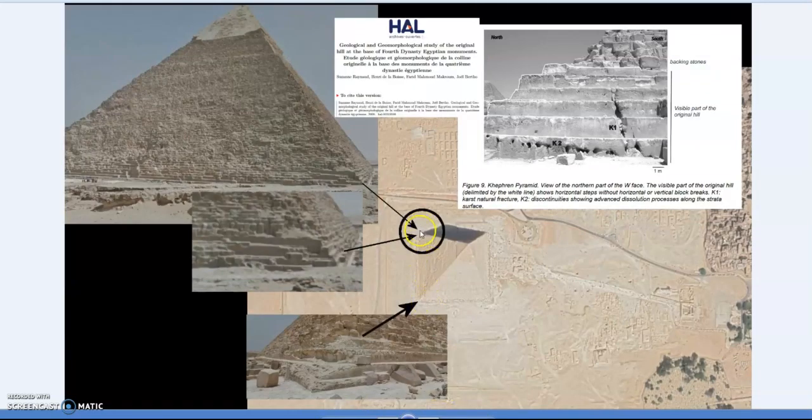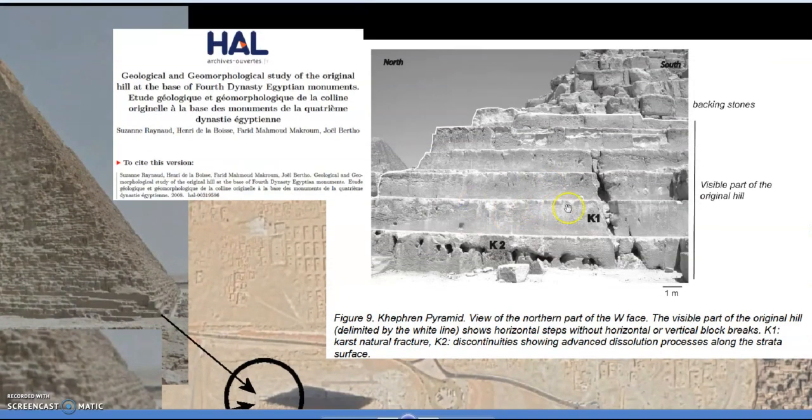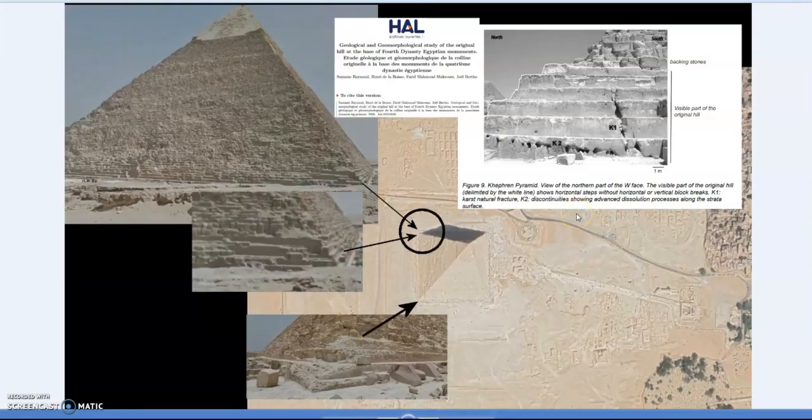While on the northwest corner of Khafre's pyramid, this is a region you're not allowed to walk around, so you can't get there on Google Earth, but you can see it in the picture that they've taken in the paper, where we still have the natural stone, including natural features. So Khafre's pyramid was not chosen specifically, it was already built on a pre-existing site, a natural location.